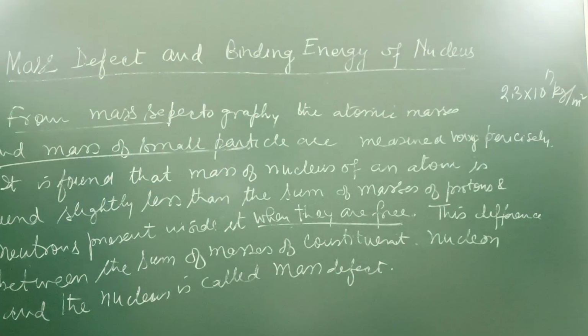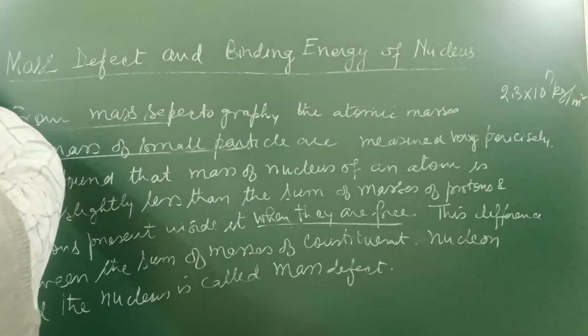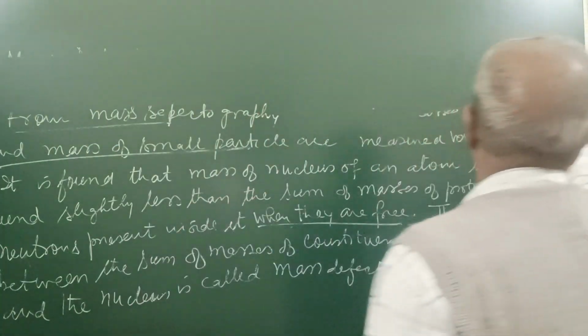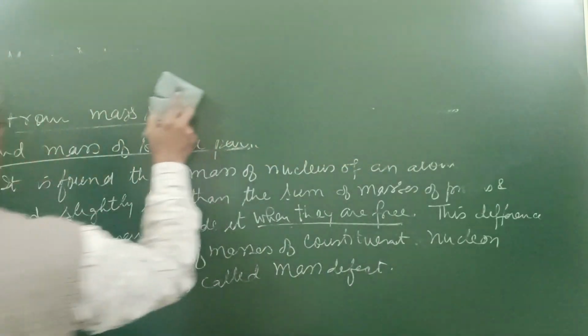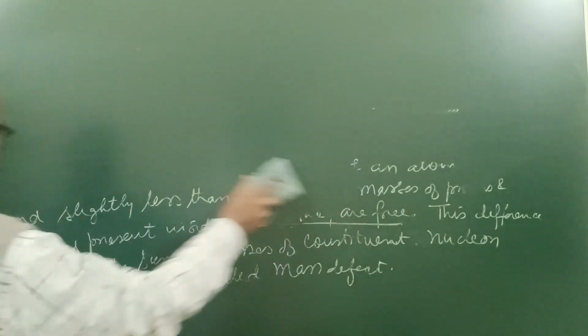The difference in the mass, sum of mass of nucleons inside the nucleus and the mass of the nucleus, is called mass defect. Actually, this is the definition. Sometimes you are asked, what is mass defect? So you have to write like this.